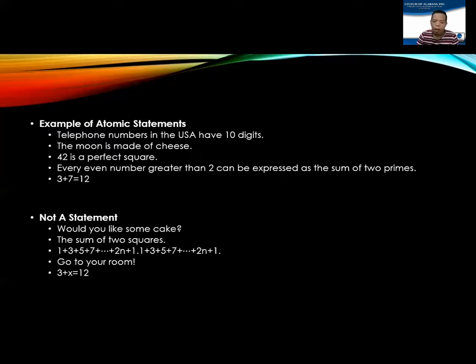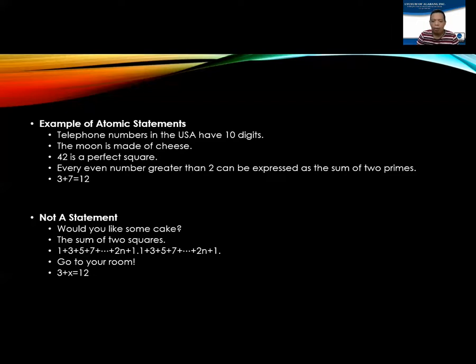it is false. Examples of perfect squares are 1, 4, which we get from 2 times 2, 9, by multiplying 3 by 3, and 16 when we multiply 4 by 4.